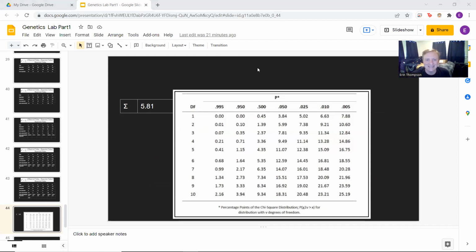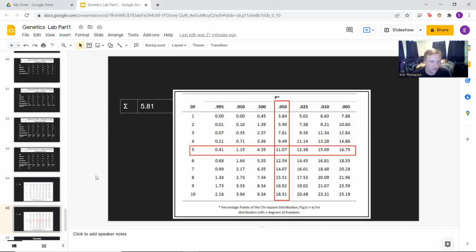Right, exactly. You go down to the 5. You go down to the 5 and you go to 0.05 because again, the lab tells you to look there.